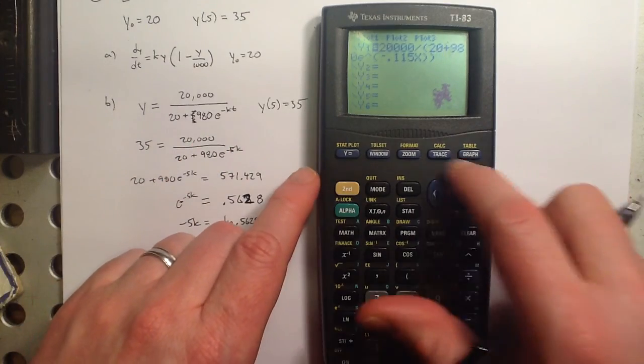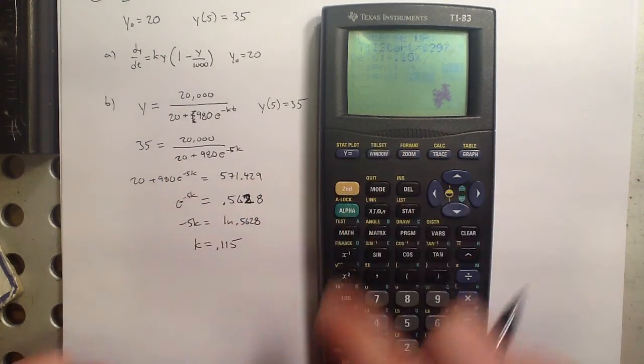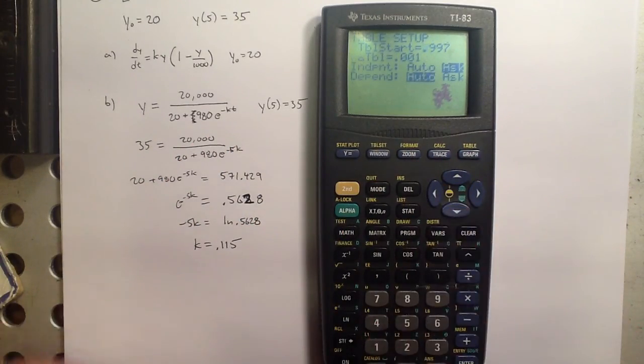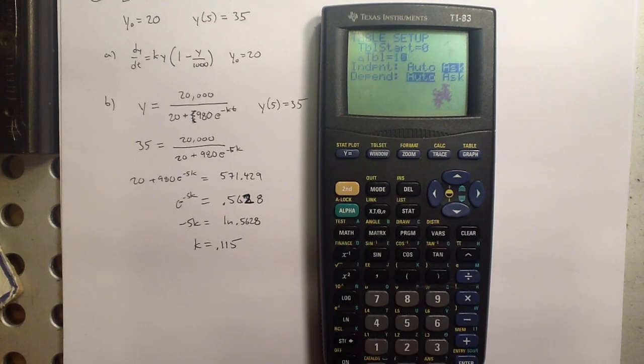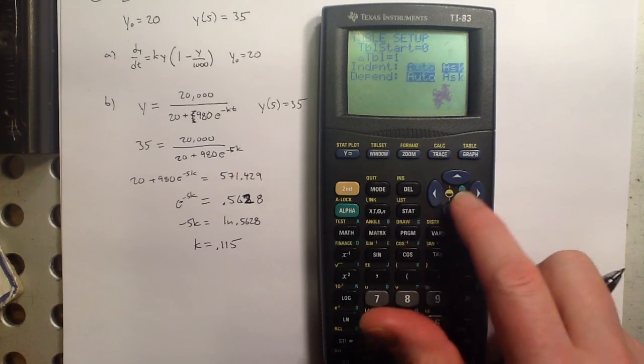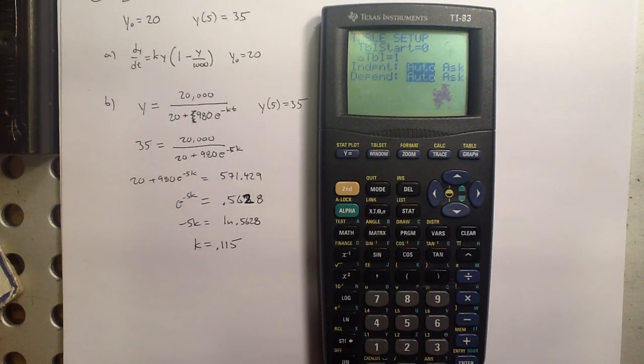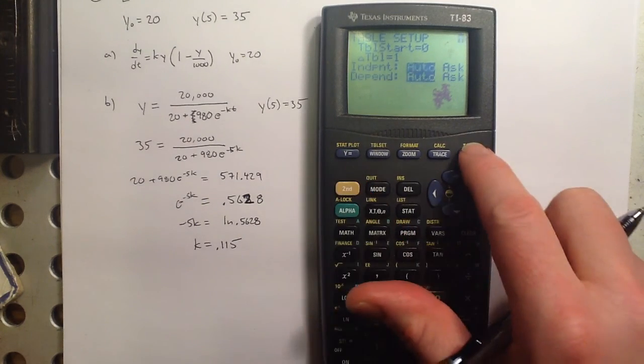And then I'm going to go to the table, but I'm not going to go to the table yet. I'm going to go table set. I would like the table to start at 0, and then I'd like the table to go up by 1 for each day. And I want the table to generate automatically. I go to the table.